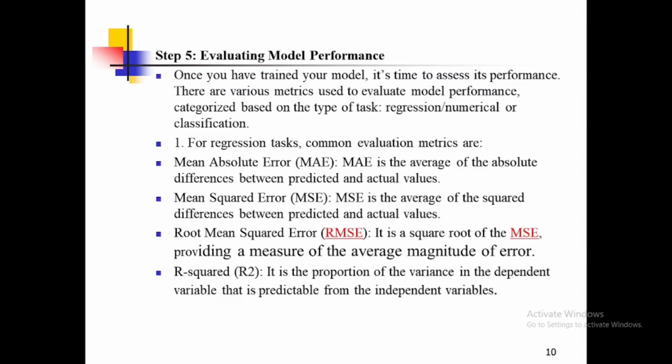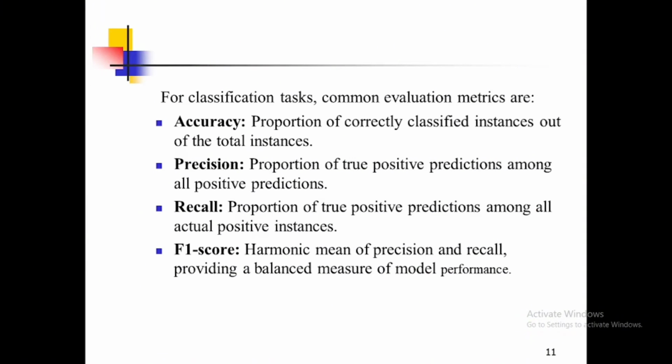MSE is the average of the squared differences between predicted and actual values. Root mean squared error. It is the square root of the mean squared error, providing a measure of the average magnitude of the error. R square. It is the proportion of variance in the dependent variable that is predictable from the independent variables. For classification tasks, some common evaluation metrics are accuracy, precision, recall, F1 score.